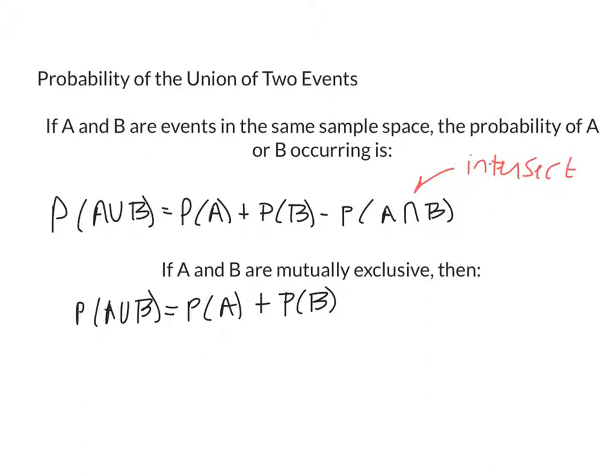Okay. So that means what they have in common. So then it goes on to say if A and B are mutually exclusive, then the probability of A union B equals the probability of A plus the probability of B. So this second one, more so this one here.